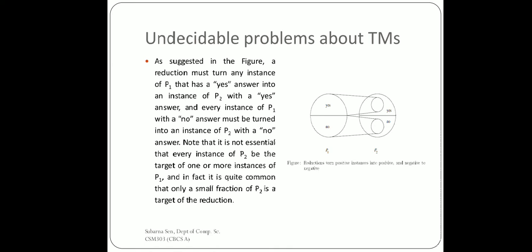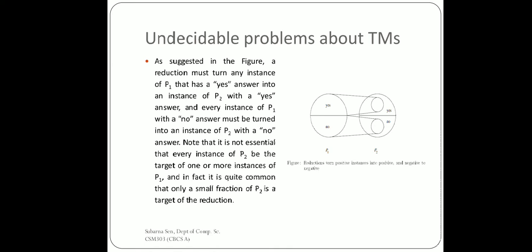So here we are going to follow the same fashion. See what it is doing here. In the diagram, there are some instances of P1 in the first circle which have the answer yes, and we are mapping the yes portion of P2 with the yes portion of P1, and the same for the no portion, right? Now you can see in the diagram whether we are covering the total yes portion of P2 with the total yes portion of P1.